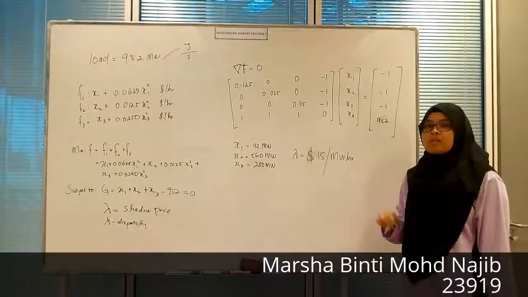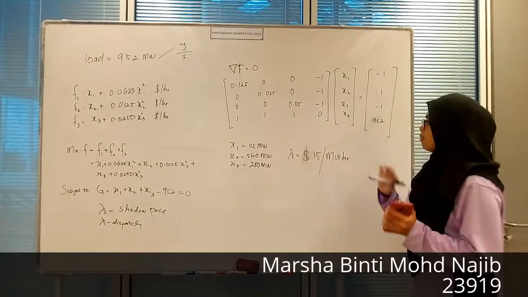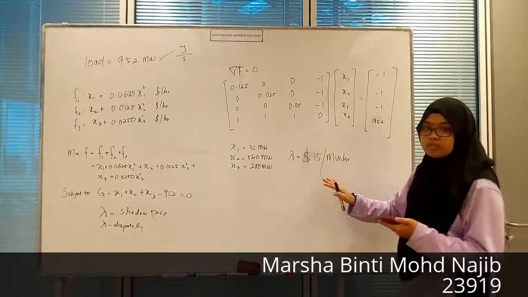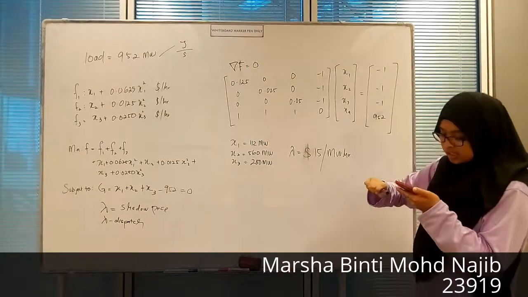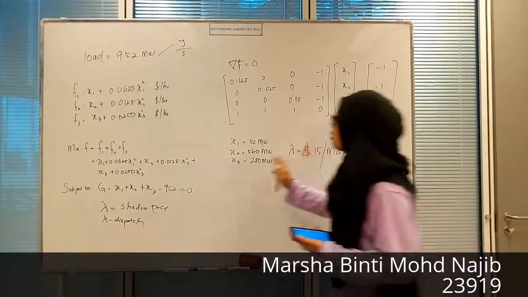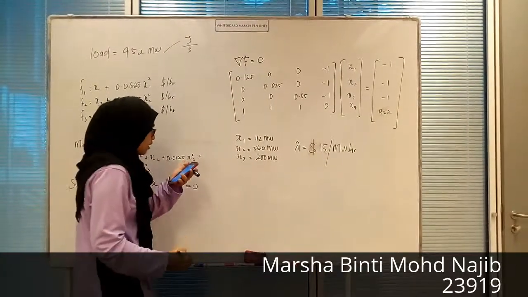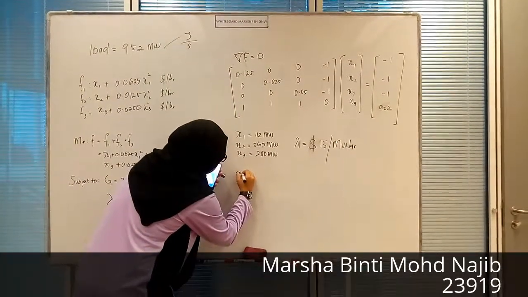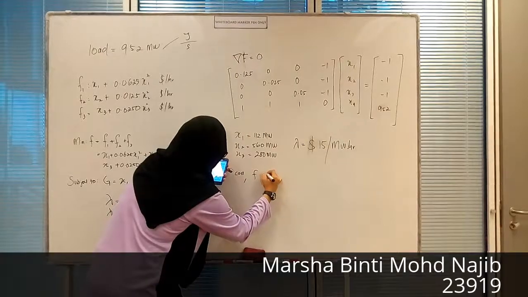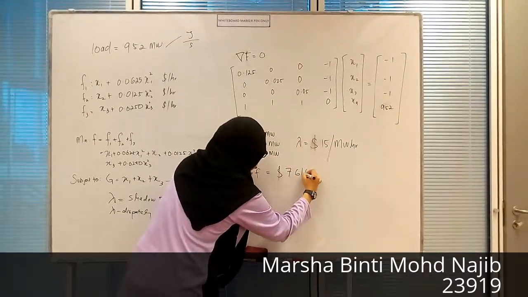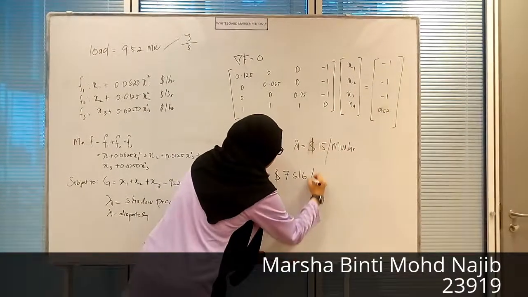Back to our application. As we have the value of lambda, we plug in lambda and the values of x1, x2 and x3, and we can see that the cost F is equal to 7616 per hour.